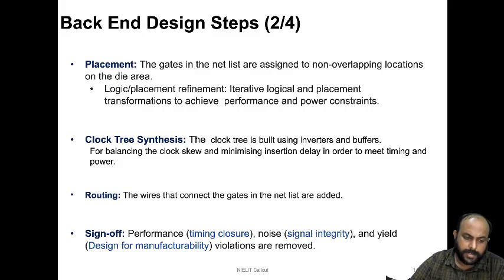Similarly, the very next stage is physical verification and sign off. In this, many things like conformity to rules are checked. For example, there are a variety of rules like design rule checks or DRCs, electrical rule checks or ERCs, layout versus schematics, and so on. So many checks are there, which are basically subject to a technology node as well.